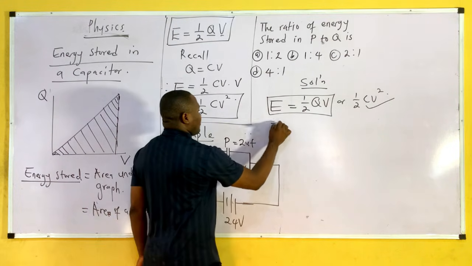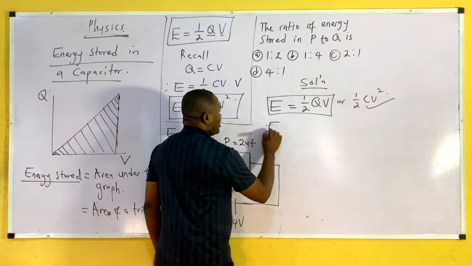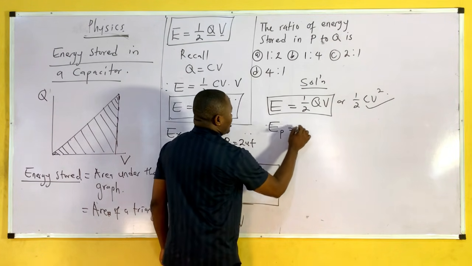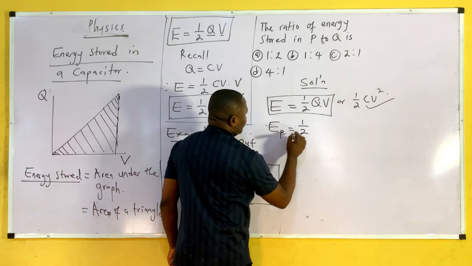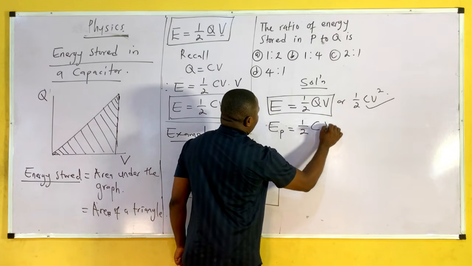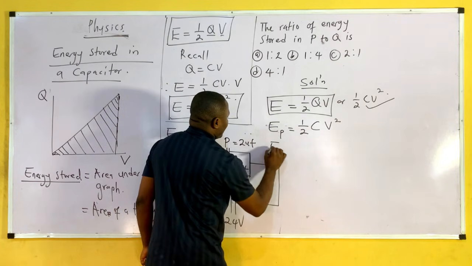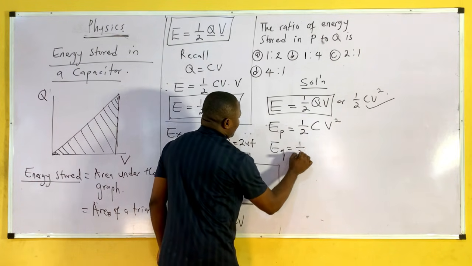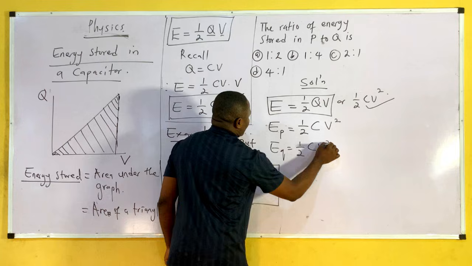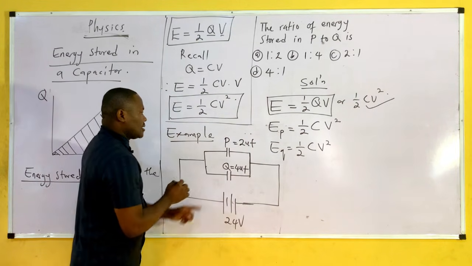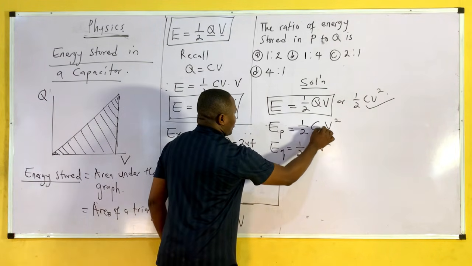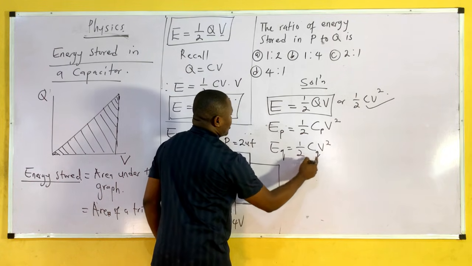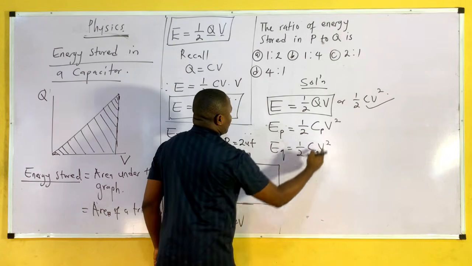Why? Because the factors available suit that formula. So I have EP equals 1 over 2 CV squared, and EQ equals 1 over 2 CV squared. The capacitance will differ for P and for Q, but the voltage is common.